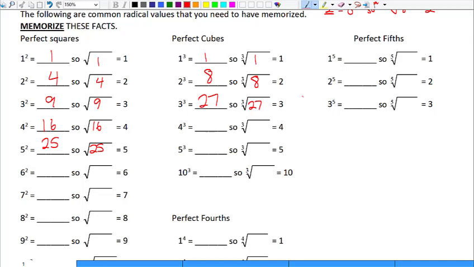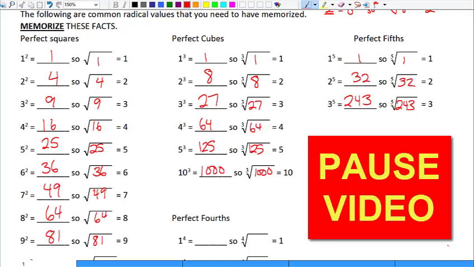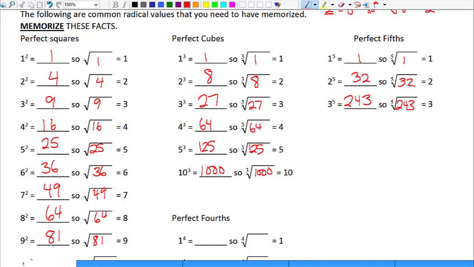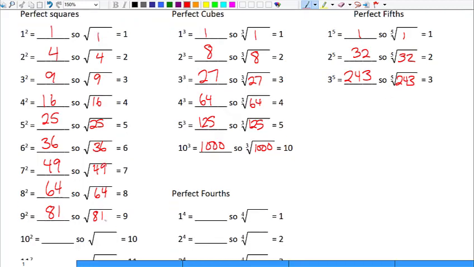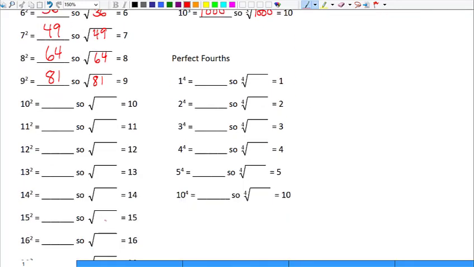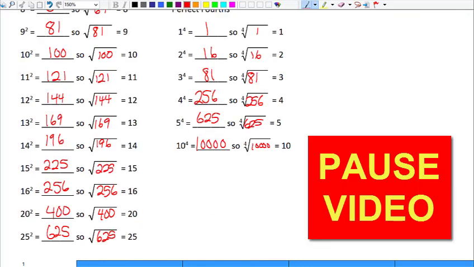So I'm going to go ahead and have you pause your video and fill them in, and then I'll scroll down and do the same. Now I'm going to scroll and do the next section. So go ahead and pause the video here and fill in the rest of these.